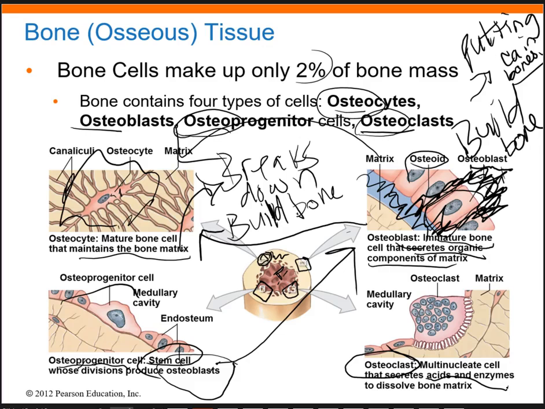So osteoclasts dissolve the bone matrix to release calcium. So if I did not have enough calcium in my blood and I needed it, I could take it out of my bones, right? But how do you get it out of your bones? Well, the osteoclasts are how you do that.